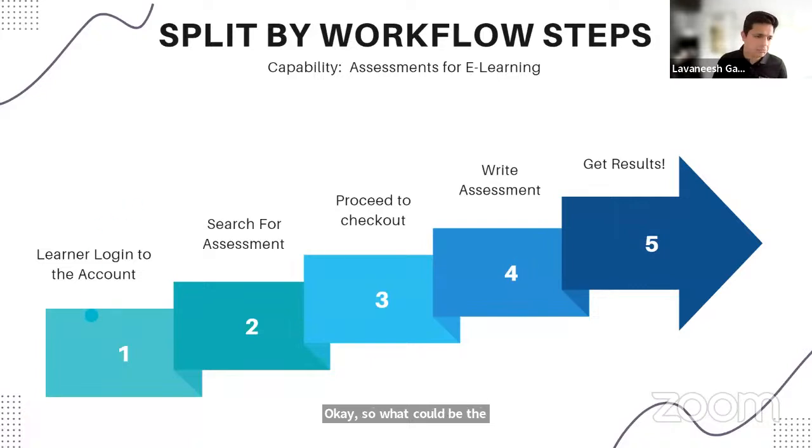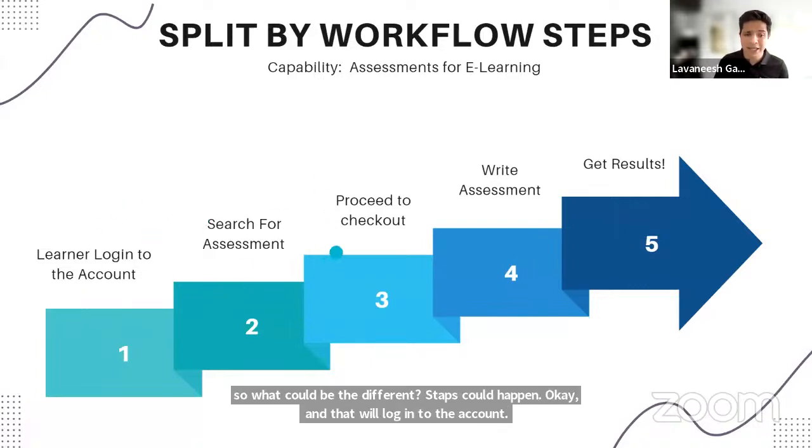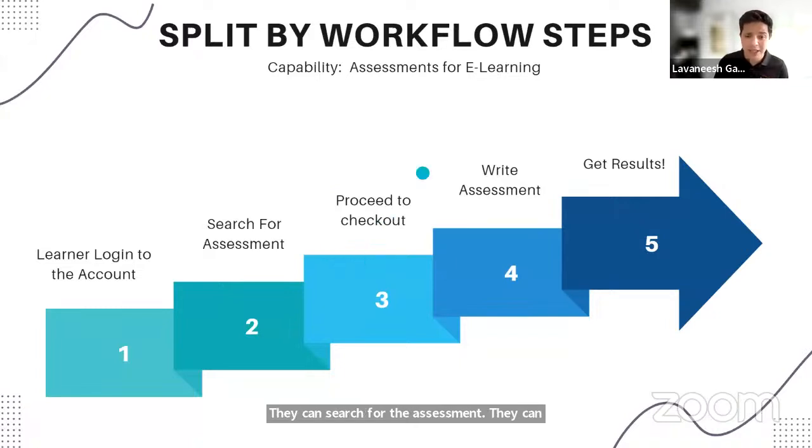The learner will log into the account, they can search for the assessment, they can proceed to checkout as well, they can write the assessment, and then they can get results as well. Each of these steps, as we see, could be a different product backlog item, but probably we shouldn't stop with these steps only.